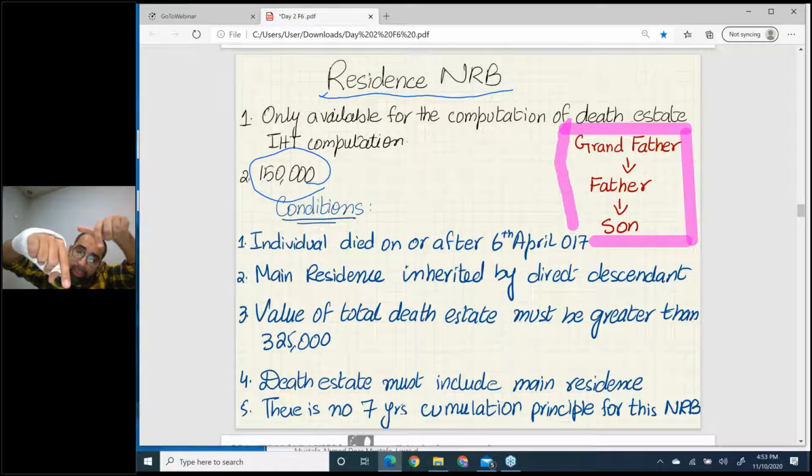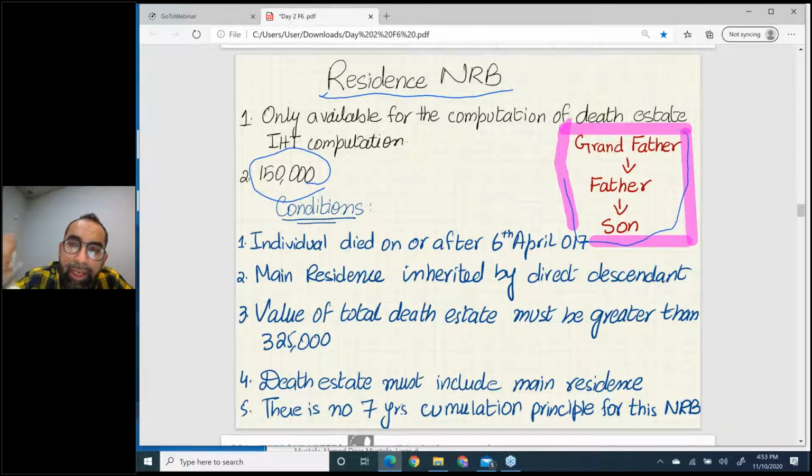It should not go sideways. For example, if in the will it is written that you have given the main residence to your brother, you are totally disqualified from this relief. So see this highlighted thing: grandfather to father to son, it should go like this.